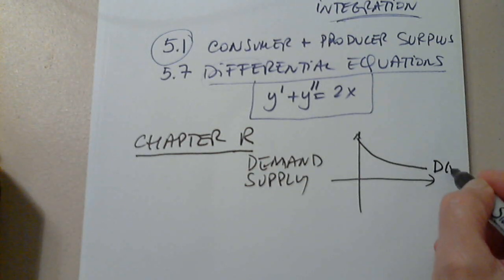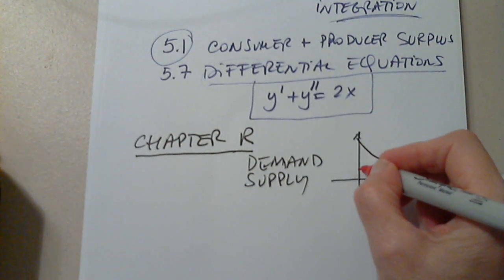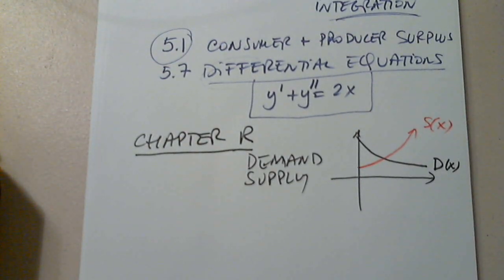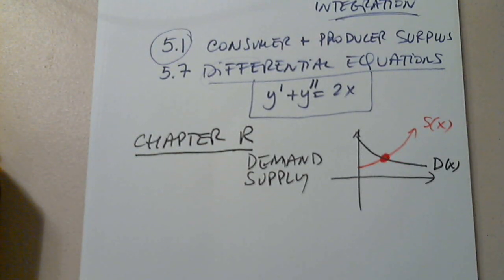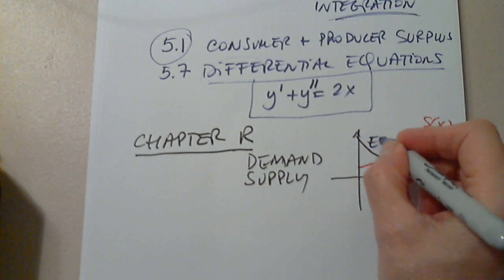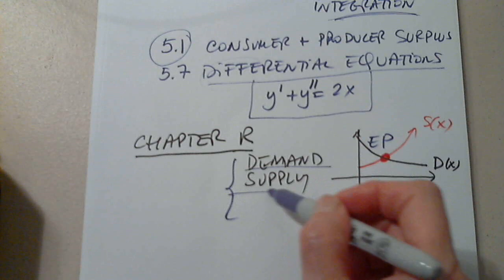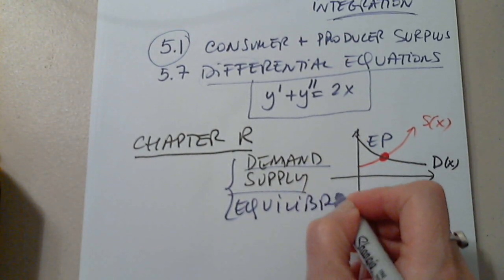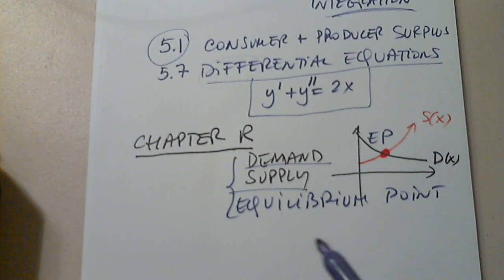So this is a demand, and let me use a different color for the supply. Anyone remembers how we call this point? Equilibrium. Excellent. So the EP. So we talked about three things. Demand, supply, equilibrium point. Excellent. So we're coming back.